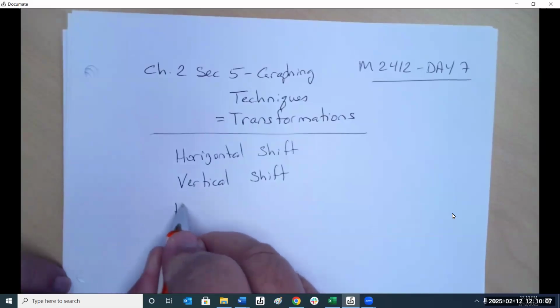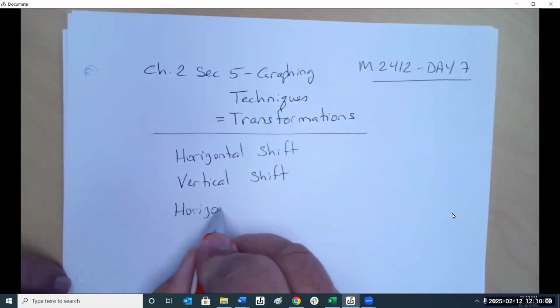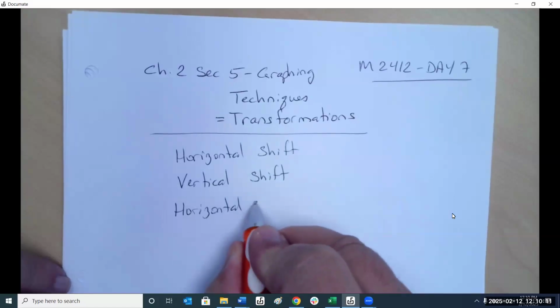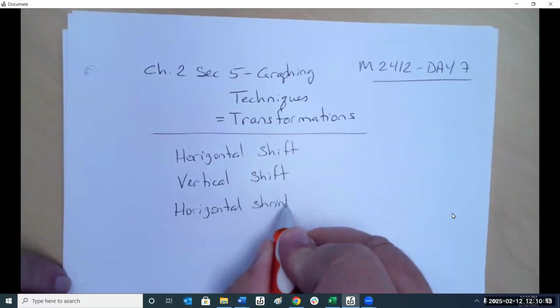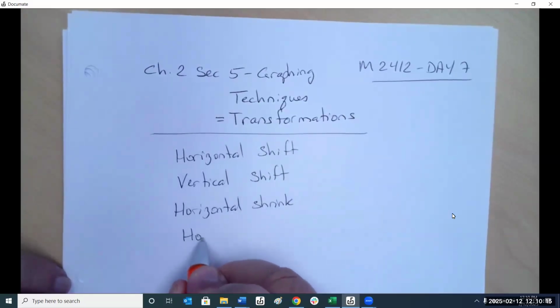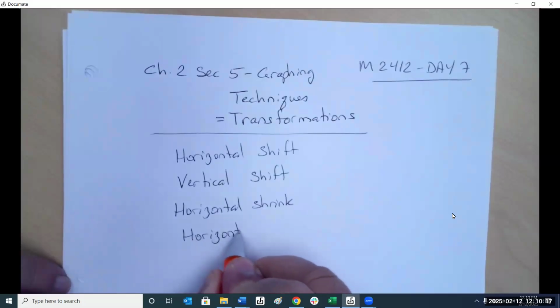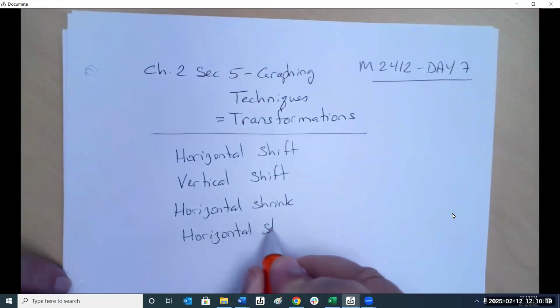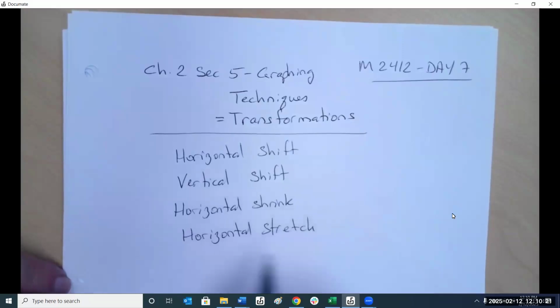Yep. We have a horizontal shrink, horizontal stretch, vertical shrink, vertical stretch.